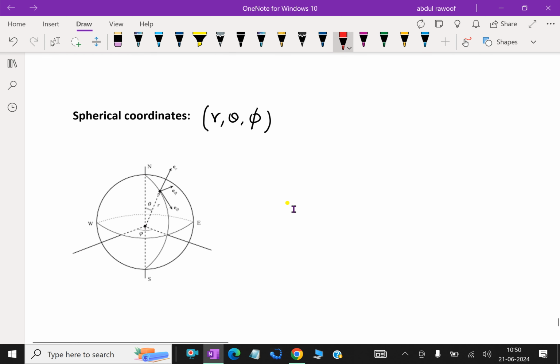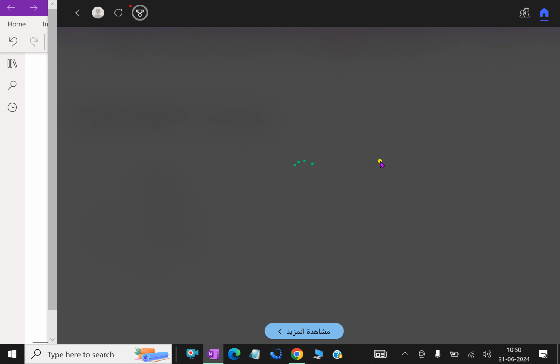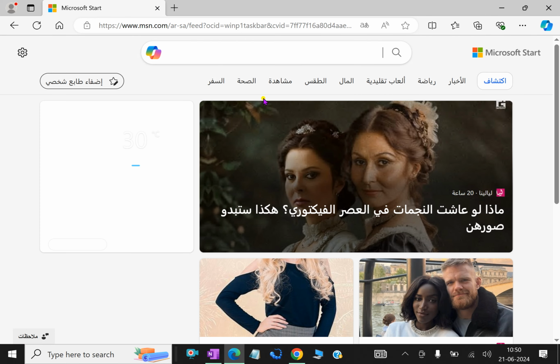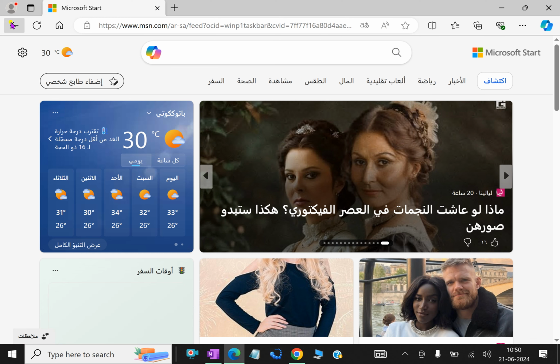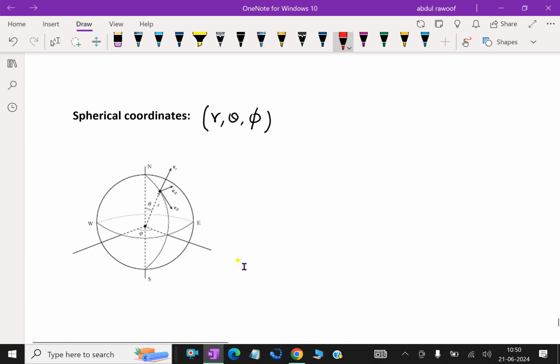Next one, spherical coordinates. Spherical coordinates, that means the point lies on a sphere.